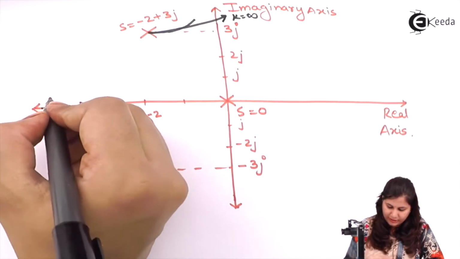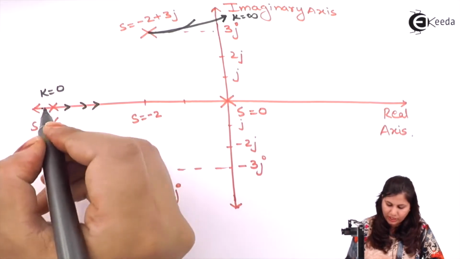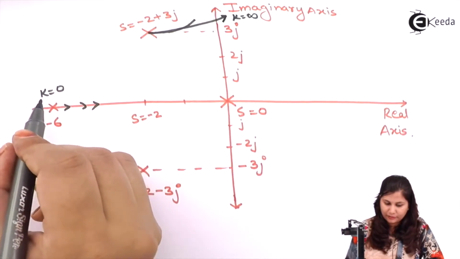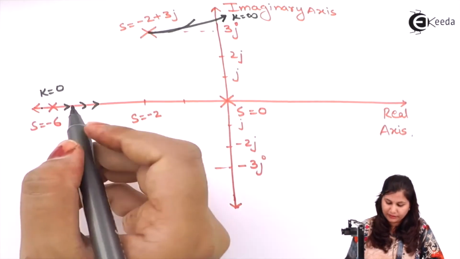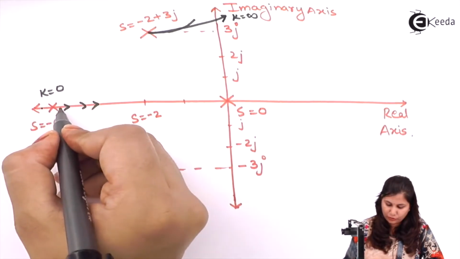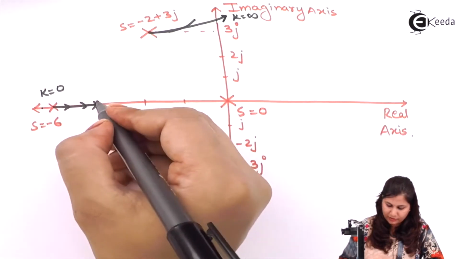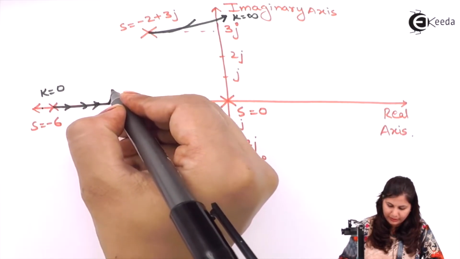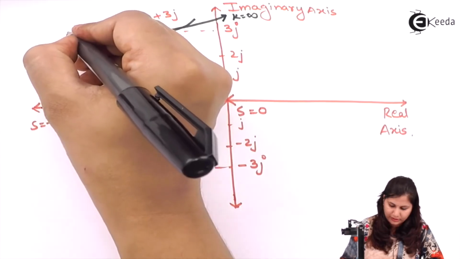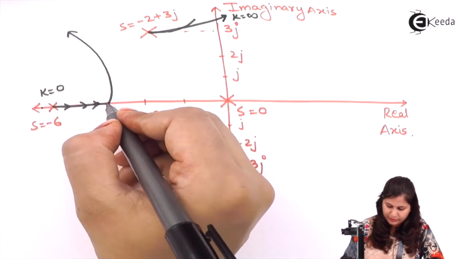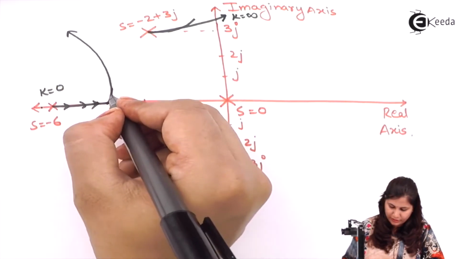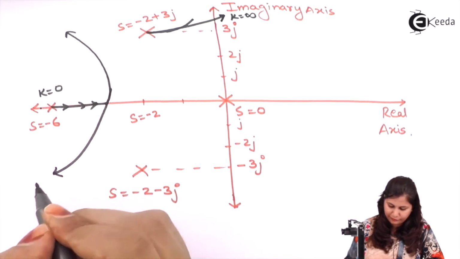Here we are having k equals to 0. Starting from a pole it has to terminate at a zero, but it will not terminate at zero, it will go to infinity. So it will start from here, it will come to this point and it will go towards infinity. Similarly, here also it is going to diverge and it will go towards infinity.